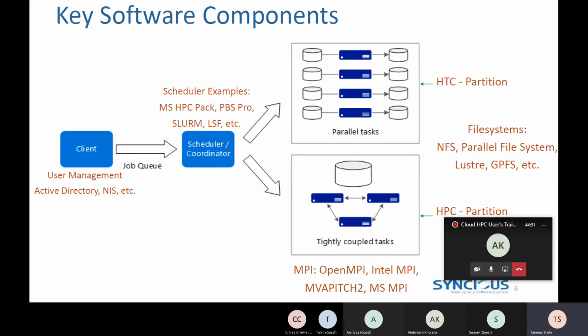So definitely your HTC problems will run on the HPC partition. It is more the cost associated with that which will have an effect. So it's better to select a proper partition, because cost is also an important factor. Okay, thanks.